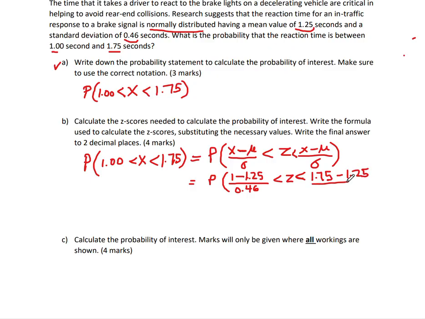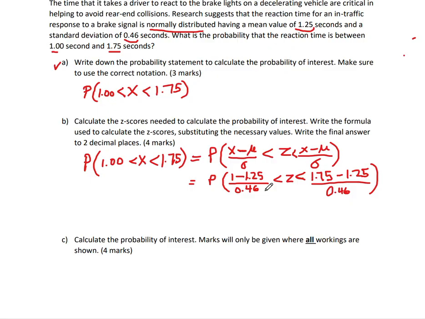And of course, this is being divided by sigma, where sigma represents our standard deviation, and that is in particular the standard deviation of the population of interest. That is the population specified in the question. So this is over 0.46.